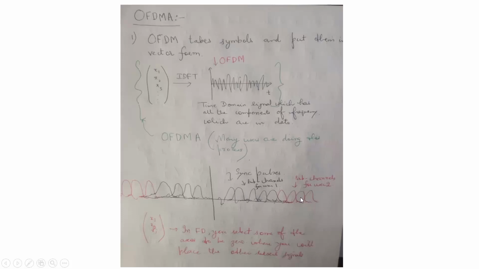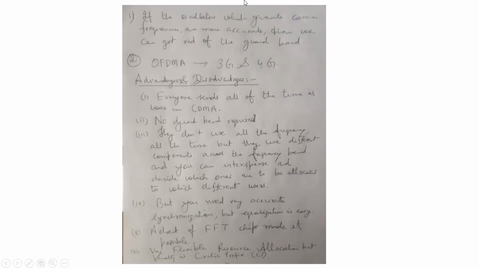These red sinc pulses are the pulses where the pulses for user 1 have been made 0, and we are using those subchannels for adjusting the second user. So these are the subchannels for user 1. These are the subchannels for user 2. In the frequency domain, you select some of these points to be 0, where you will place the other user signals. That's what I will try to explain here.